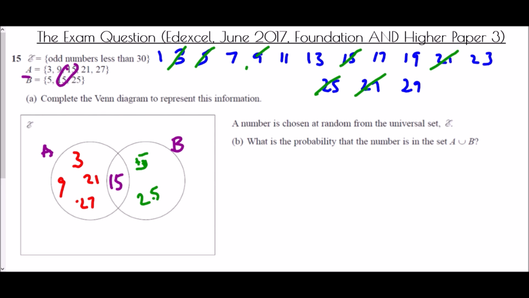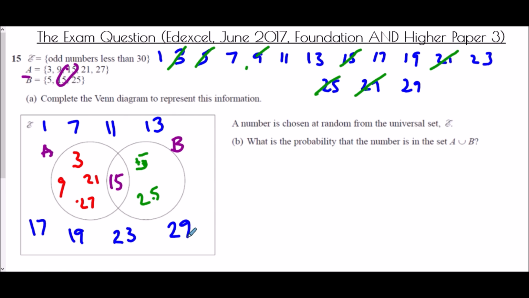I'm going to try and make the best use of the space I can. So 1, 7, 11, 13, 17, 19, 23 and 29. That's the first part of the question completed.